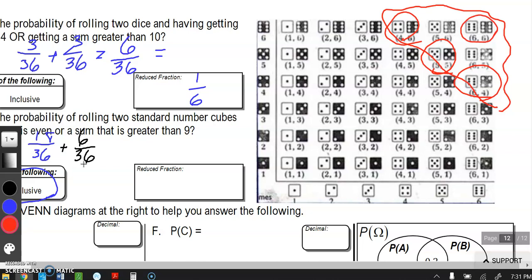So we have to subtract 4 out of 36. If you add 18 plus 6 minus 4, that's going to give you 20 out of 36. And 20 divided by 36 reduces to 5 over 9.